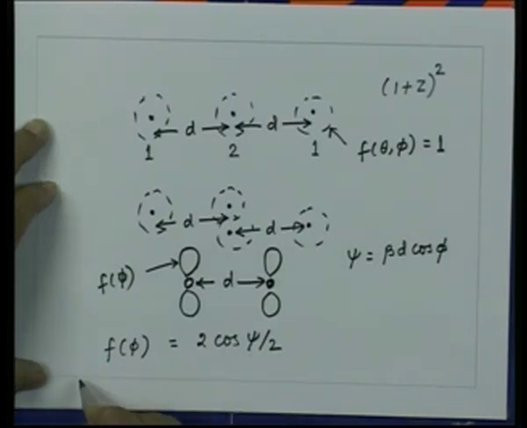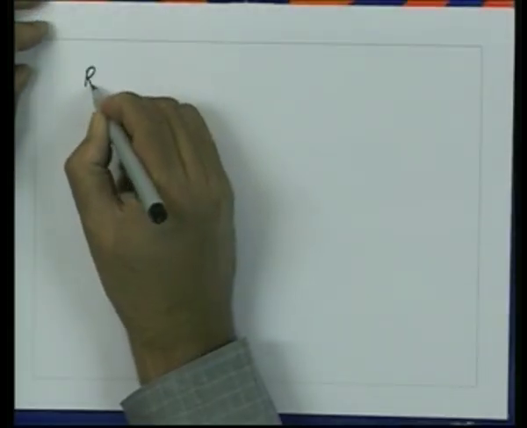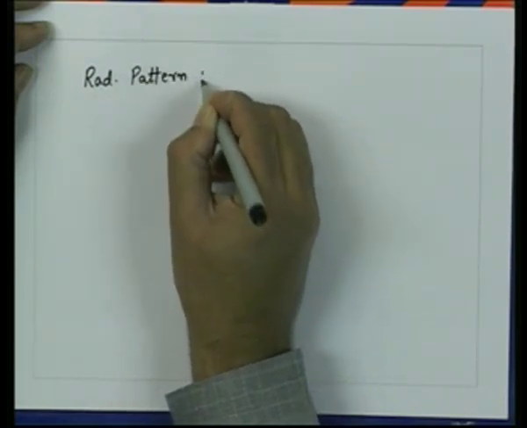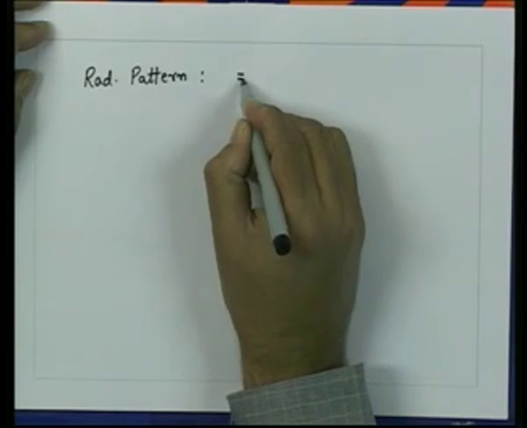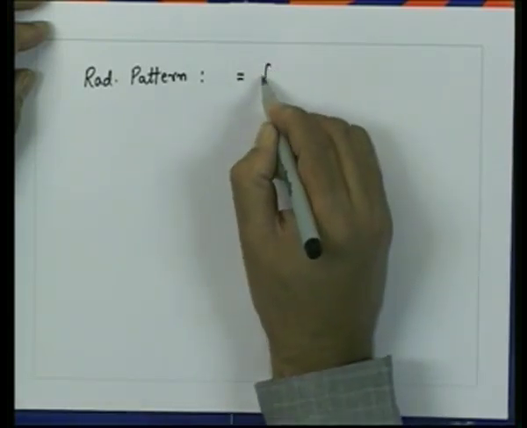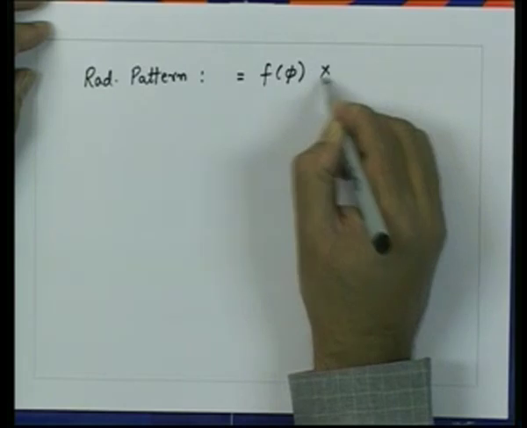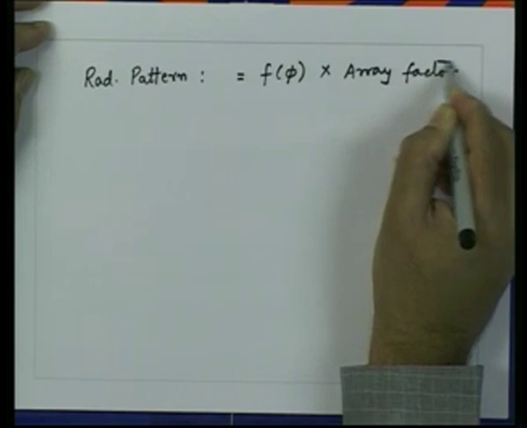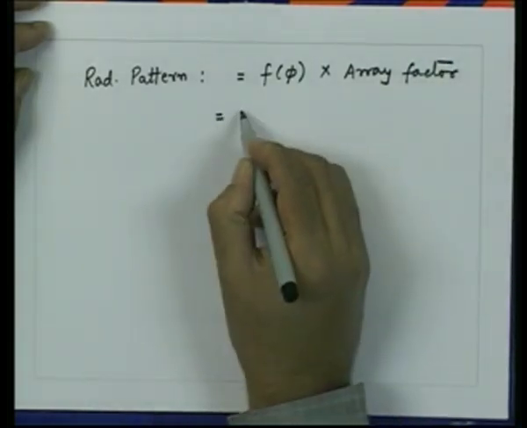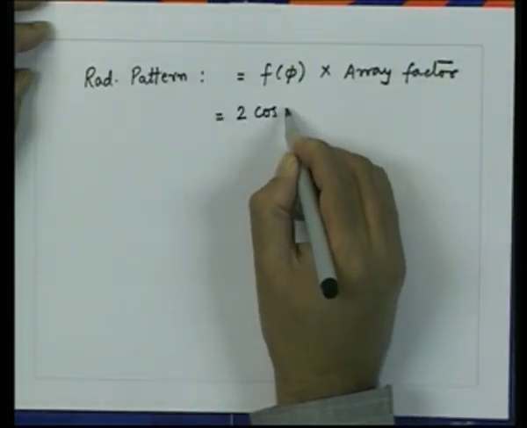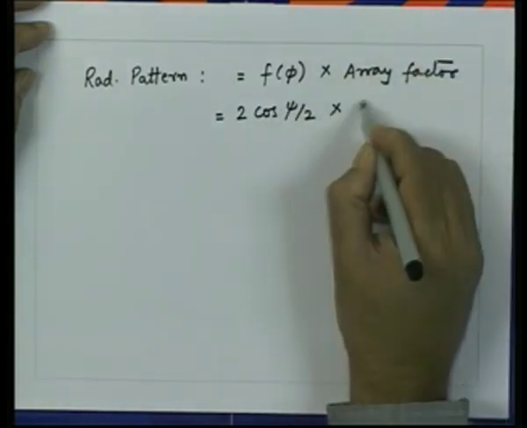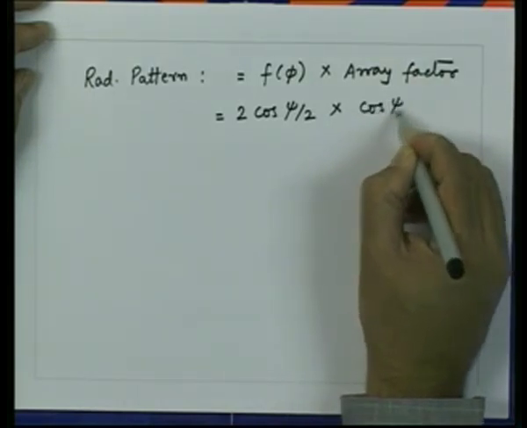So, the total pattern which we get for this binomial array will be equal to the f of phi multiplied by the array factor, which is equal to 2 times cosine of psi by 2 multiplied by again the array factor, which is cosine of psi by 2.